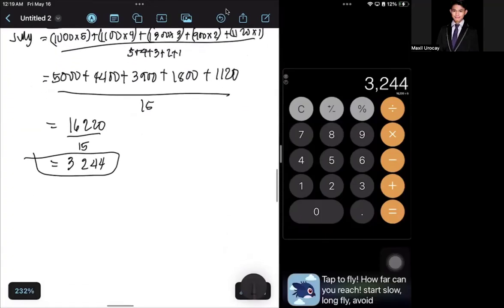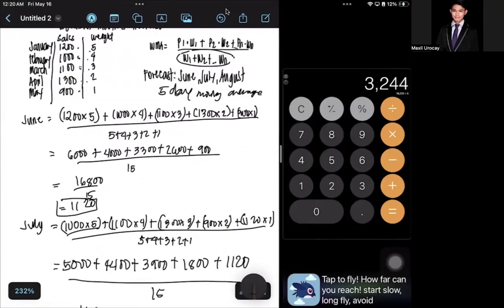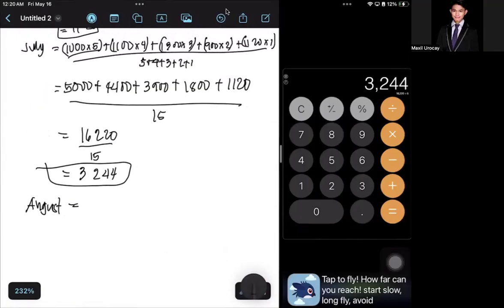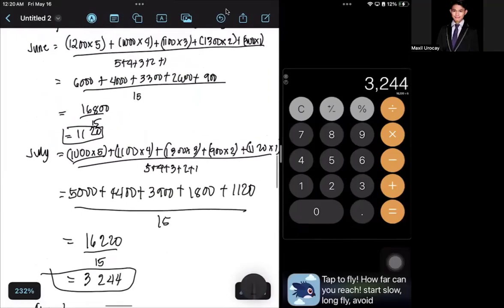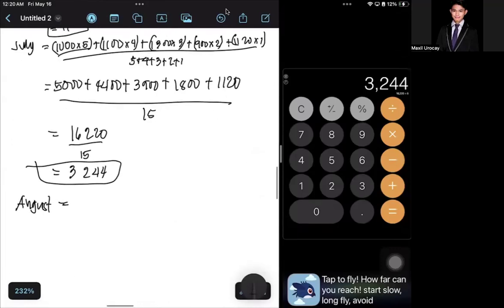What about for August, since that is the last month we are looking at? So 1,100 will now be in weight 5. So that becomes 1,100 times 5.